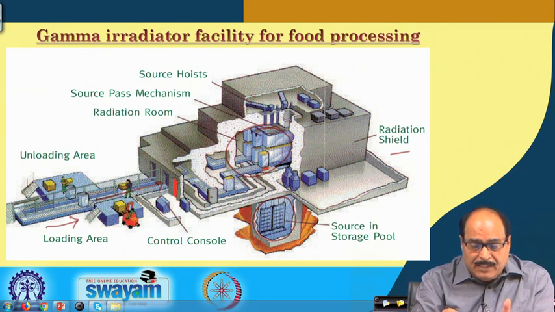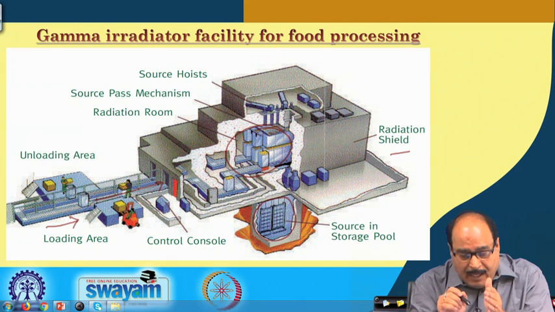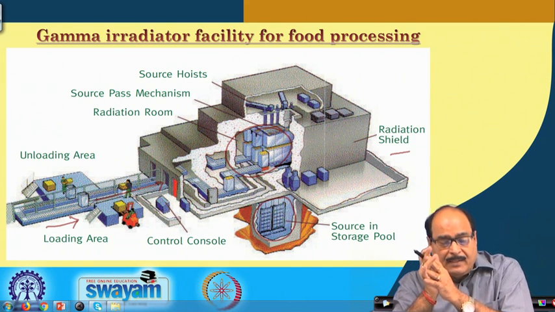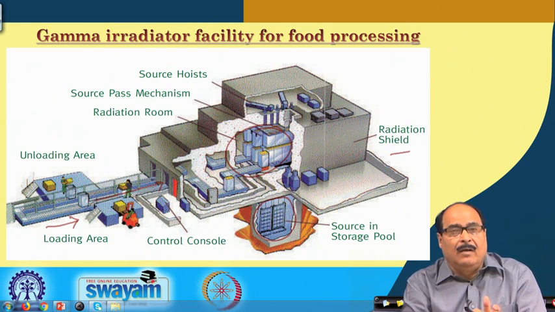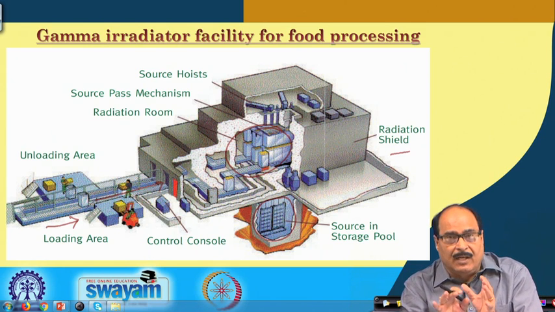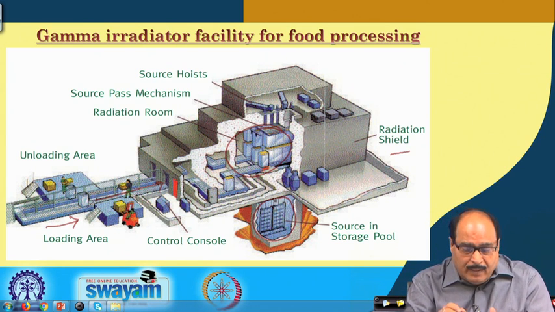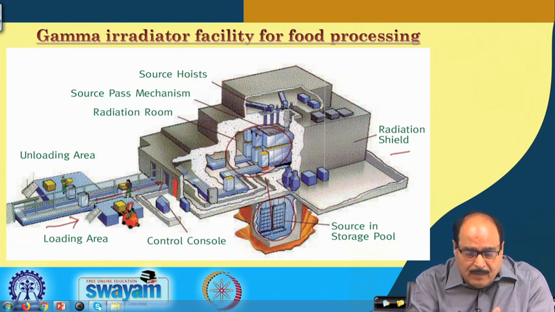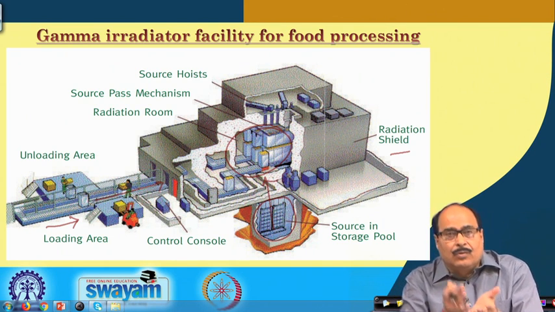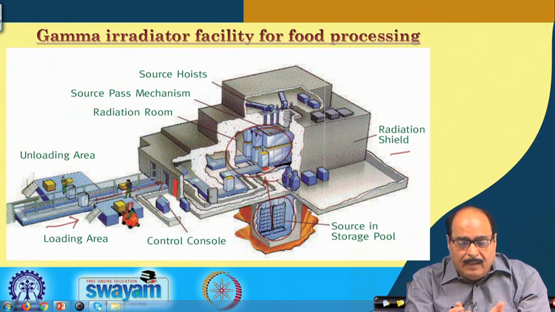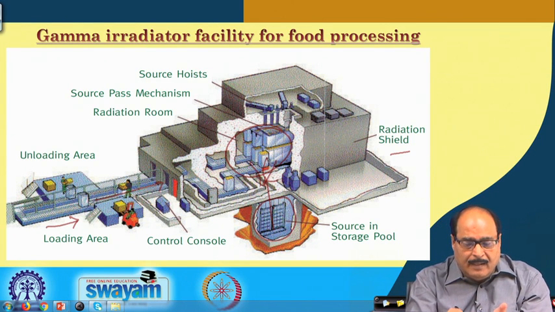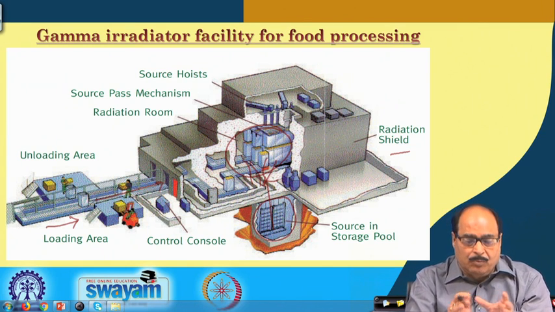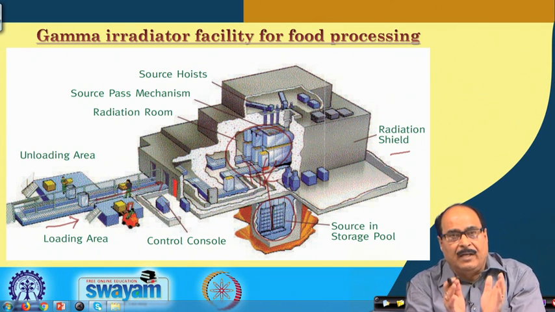Depending upon the type of food and the requirement of the process, the speed of the conveyor belt is controlled by remote control operation. The radiation source comes above the water, and this energy is given, that is, the food is exposed to the gamma rays, all right.